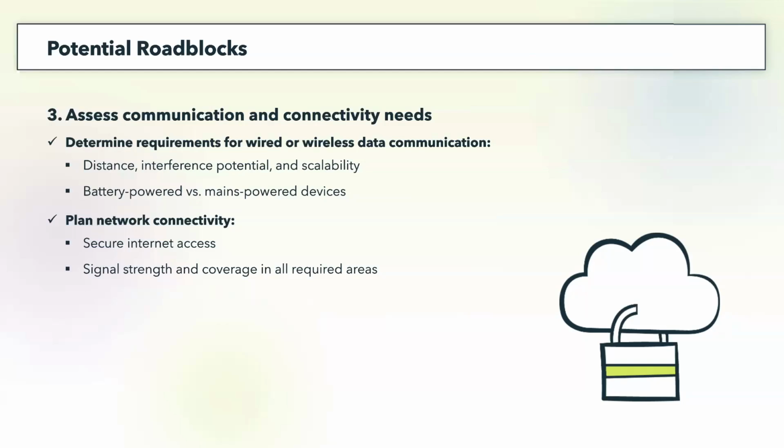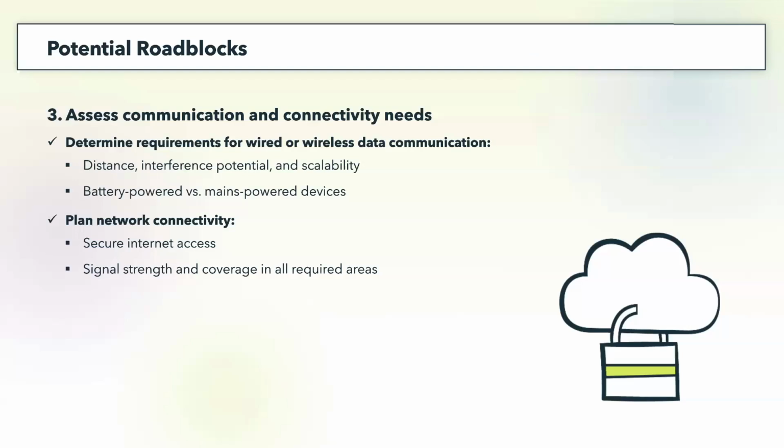For some of the devices, they might be located in rooms where there is no power, right? So we might be considering battery powered instead of mains powered devices, right? And of course, if we go with something that is wireless, we need to consider distance, interference, and how this all is going to scale up, right?